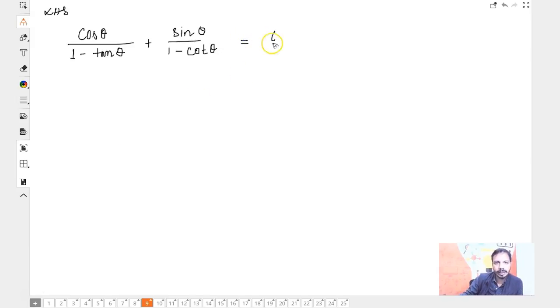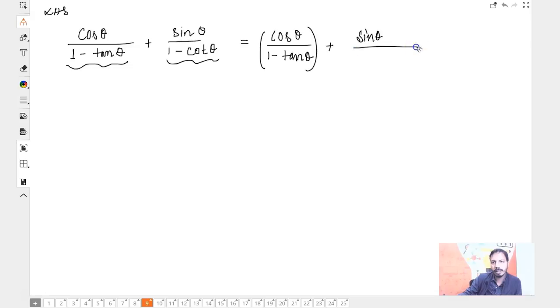Let me try to change this cot into tan, and let me keep the left hand side for now as it is. I'm not touching this part, and this part I'm trying to write as sine theta by (1 minus cot theta), and cot theta is 1 by tan theta.